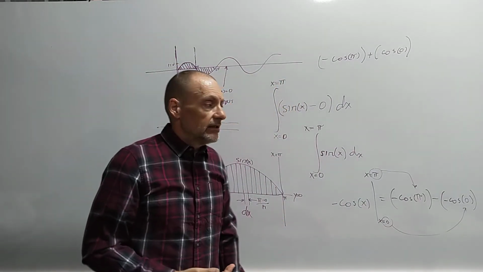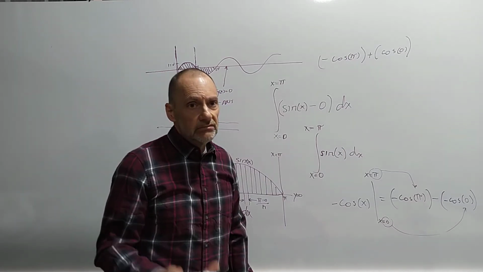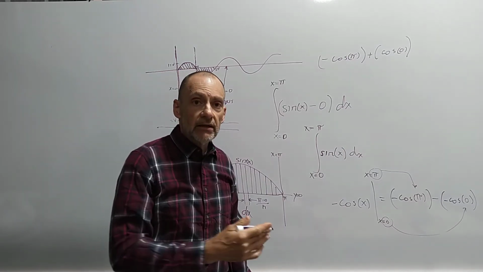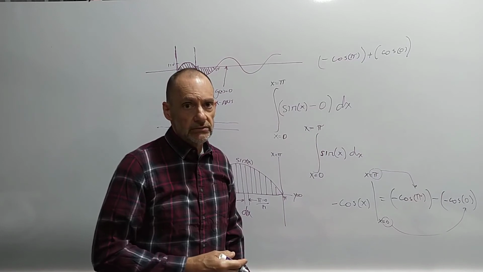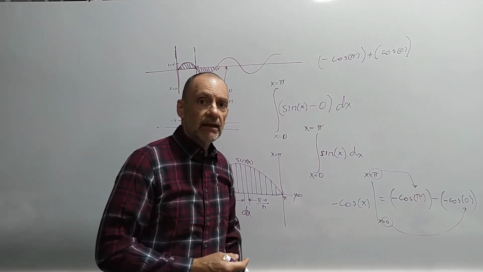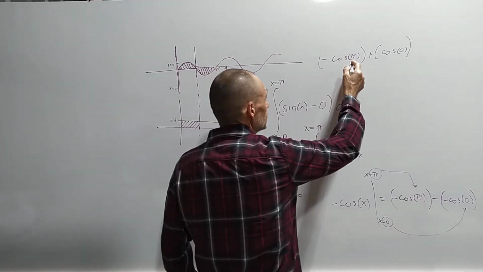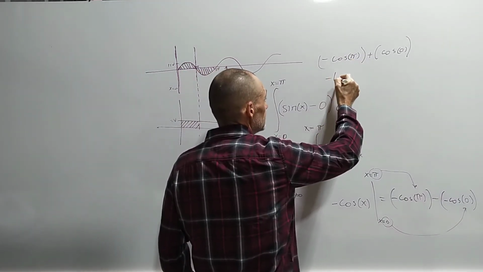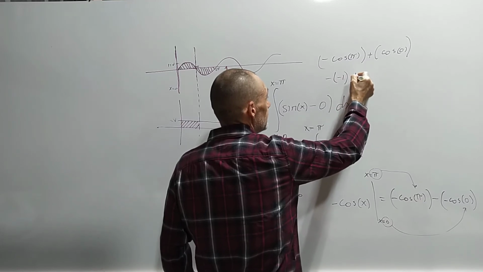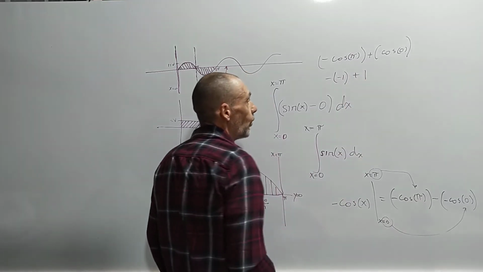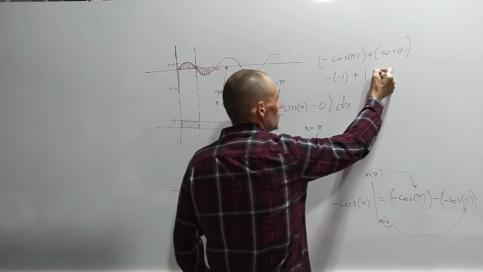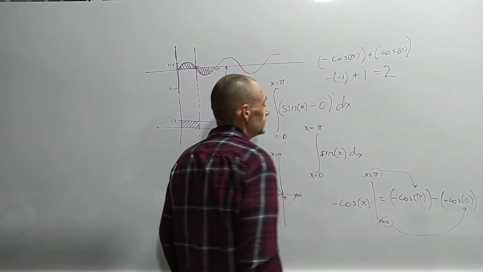If you don't know the unit circle, you should stop this video right now and go and memorize the unit circle, and then you can come back and pick this up. So cosine pi is negative 1. So this is negative 1 plus cosine 0 is 1. So this is 1 plus 1, so the answer is 2.